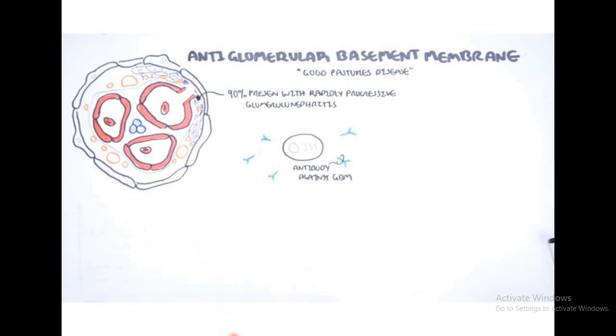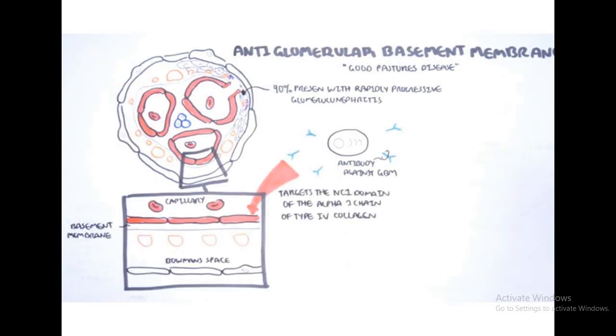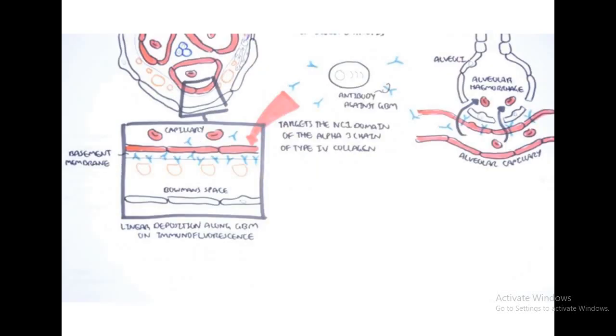So we'll see some pictures. I told you that 90% of the cases of anti-GBM or Goodpasture's disease will end up with rapidly progressive glomerulonephritis. So this is the antibody. This autoantibody is targeted against the antigen, specifically the NC1 domain of the alpha 3 chain of type 4 collagen present in the glomerular basement membrane.